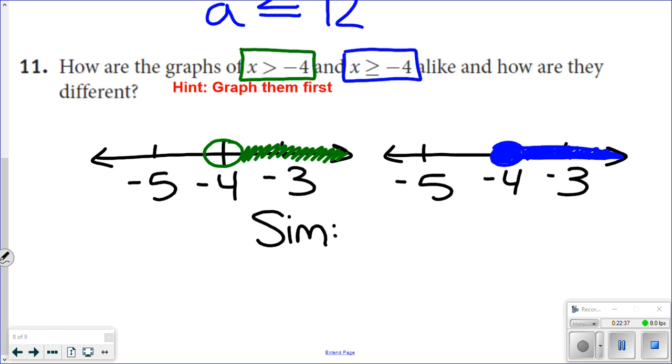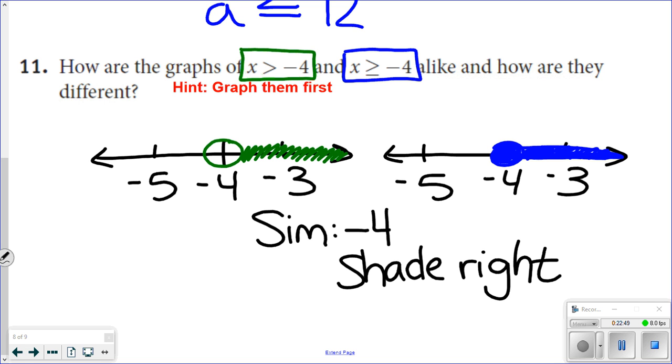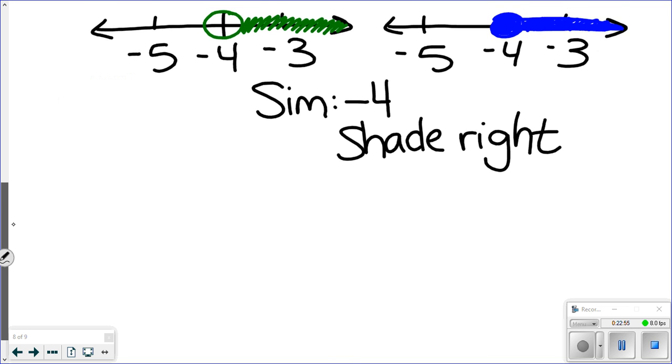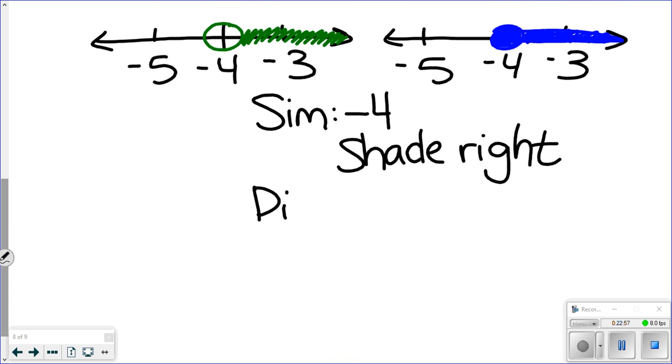They both have circles at -4. That's our number for both of them. And they're both shading to the right because our signs are greater than. A difference here is the circles. One's an open circle and one's a closed circle.